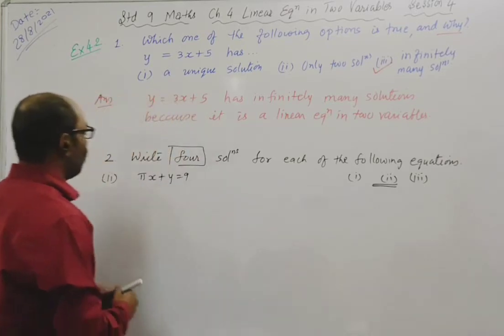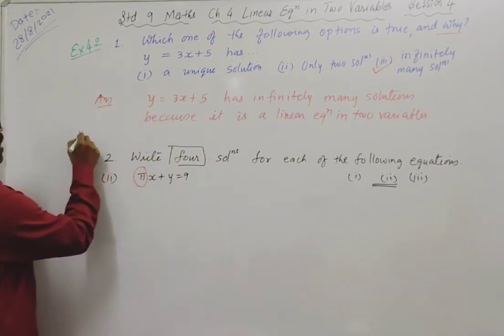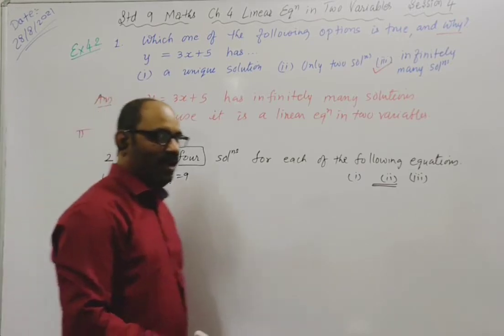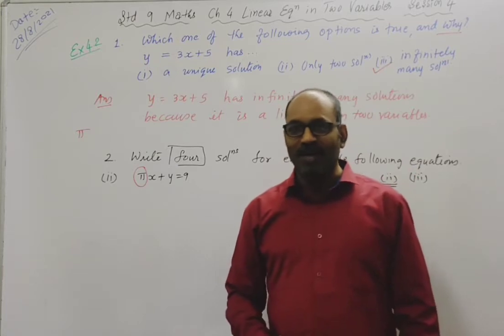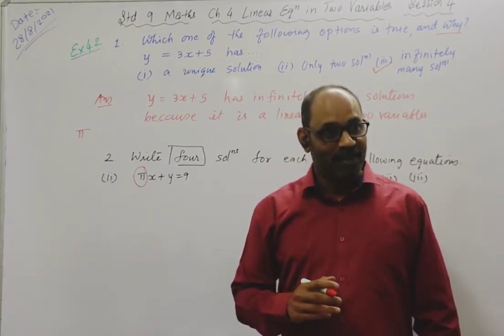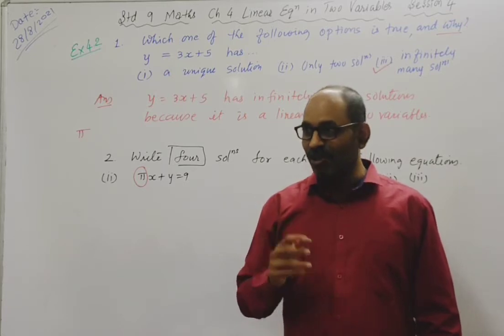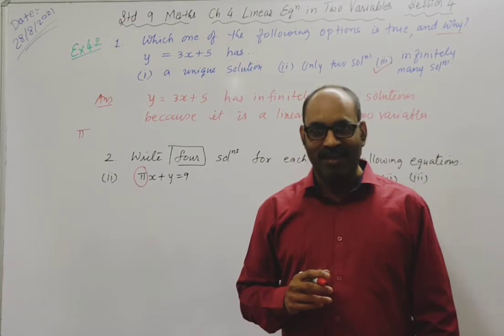Have you come across this letter? Pi, do you know where pi comes normally? To find the formula of the area and circumference of a circle. The circumference is 2 pi r and the area is pi r squared.